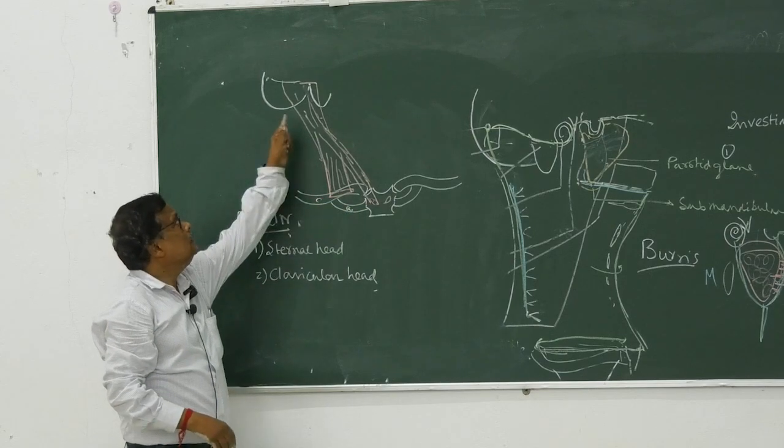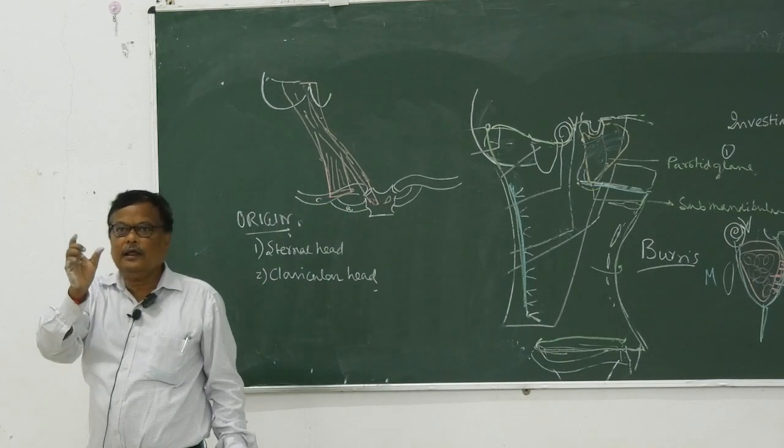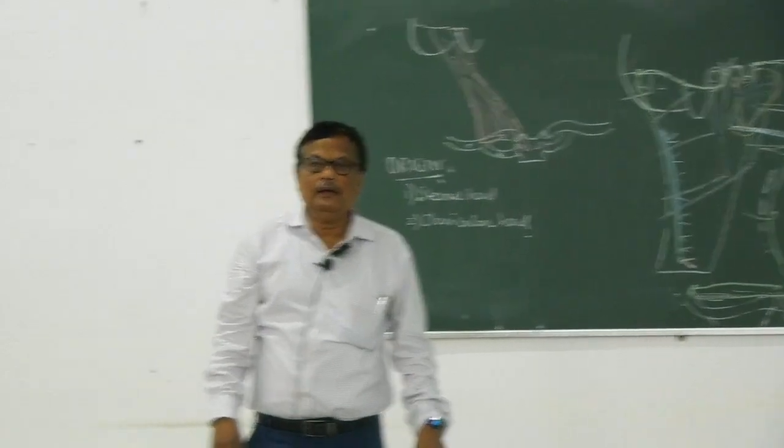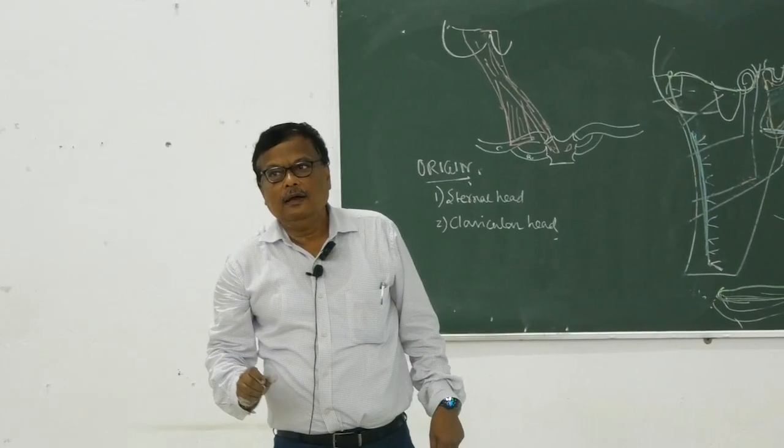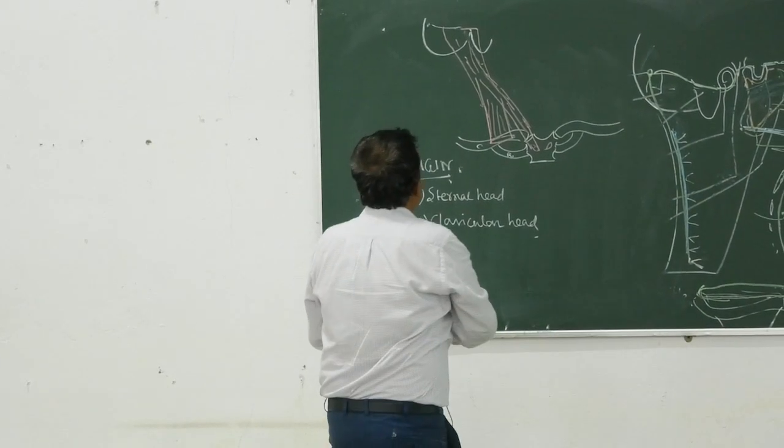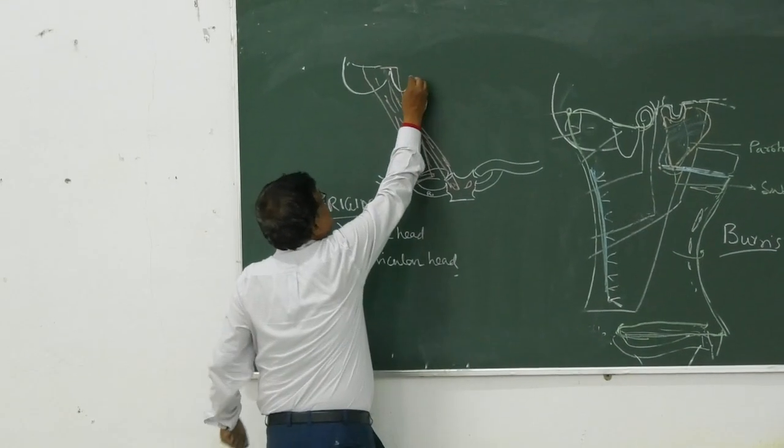So origin, insertion, lateral half of the superior nuchal line and upper border of the mastoid.